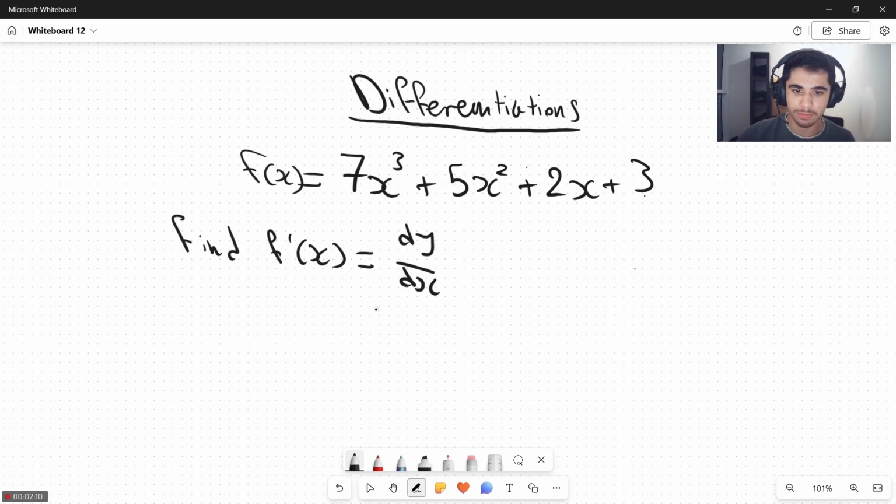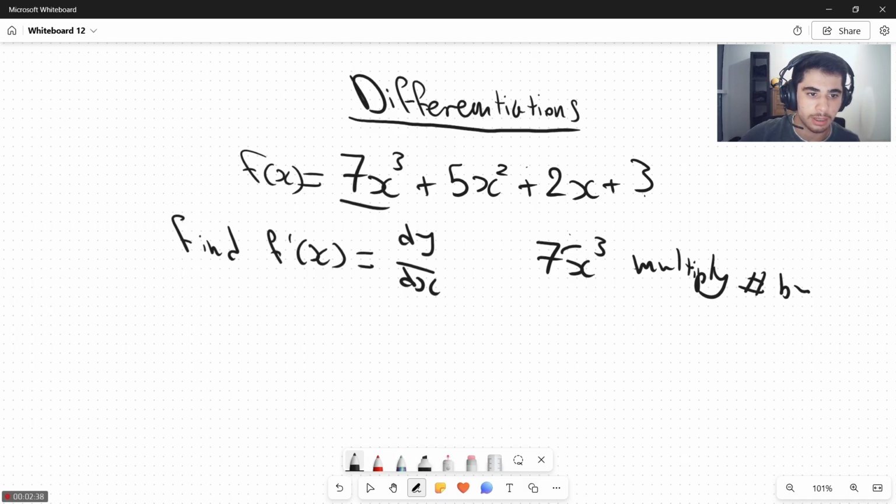When it tells you to find dy over dx, or the derivative, the only thing you have to do is first look at the numbers. So 7x cubed. First step: multiply the number by the power.